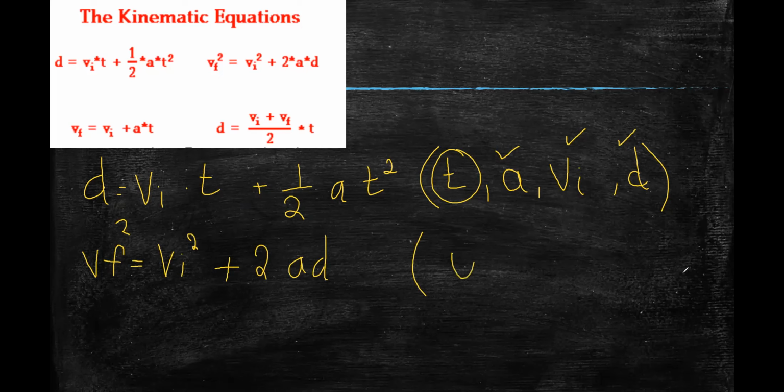Here, if I have v initial as an example, and I have v final, and I have the acceleration, and I'm asking you to find d, you can use this equation.